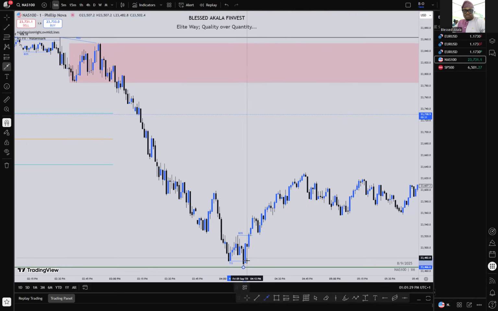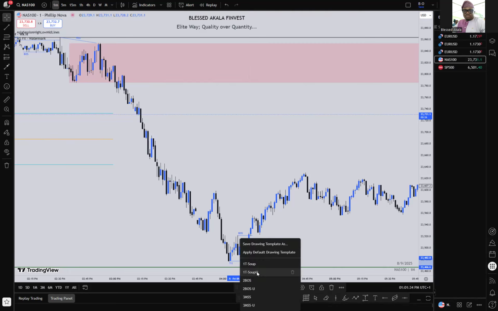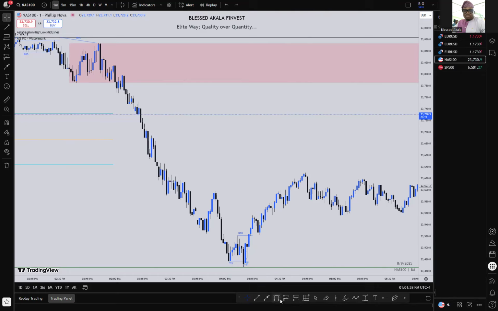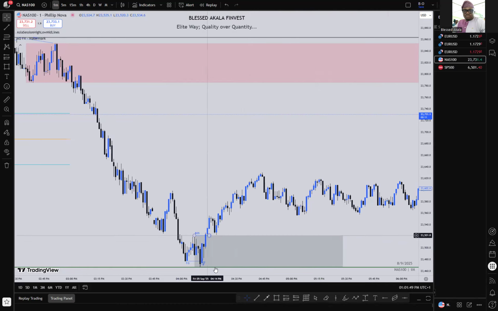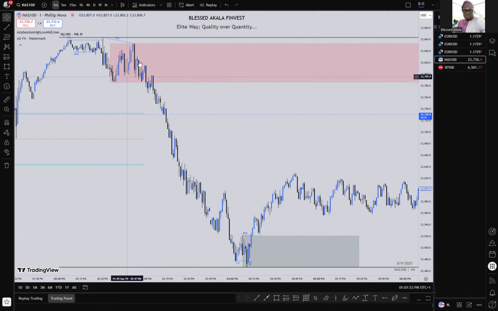But if we want to take this level to be a shift, which is our MSS, then we can be anticipating this mitigation block, this level, to be another level to look out for. Because there is no proper mitigation of this leg going forward. And also we can see that within this level, we have a proper mitigation of this leg.